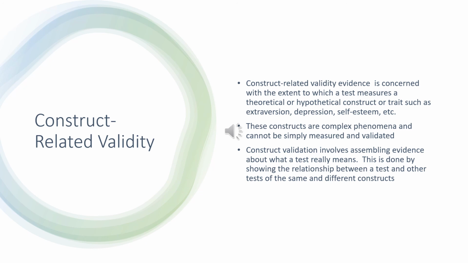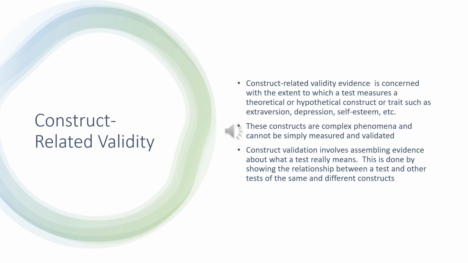Construct validity is demonstrated by multiple pieces of evidence that indicate the instrument or test is measuring the construct or the trait of interest. Construct validation involves assembling evidence about what a test really means, and this is done by showing the relationship between a test and other tests and measures. Each time a relationship is established, one additional bit of meaning can be attached to the test.